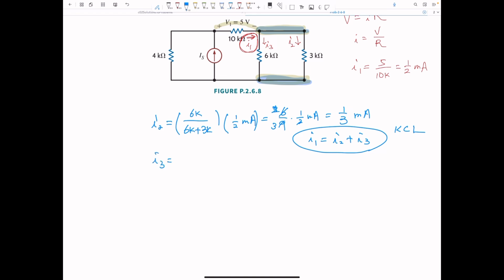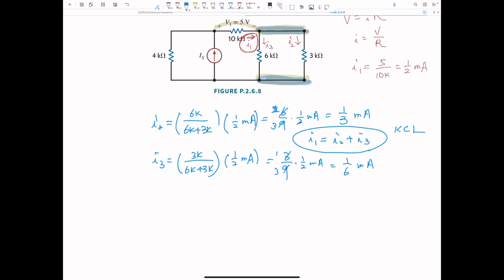I sub 3 is the opposite 3K over 6K plus 3K, and the total current going into that node is 1/2. So 3 over 9 times 1/2 milliamp, that is 1/6 milliamp.